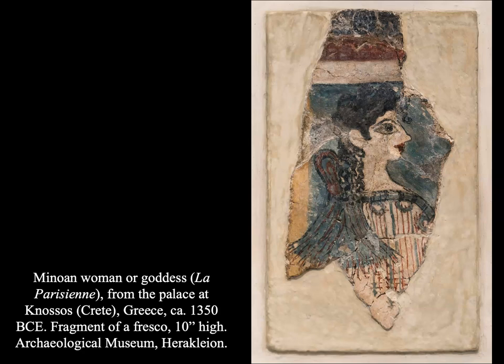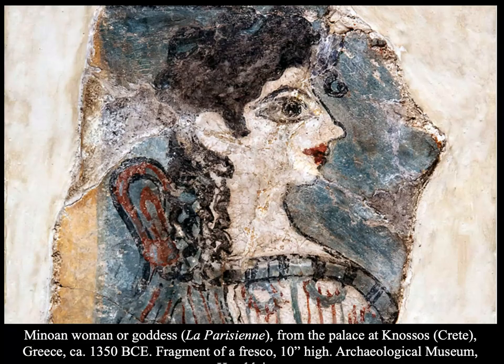Now her hair is black and curly, one curl down the front of her forehead that you can see, and the others cascading down the back of her neck. She has this white skin. Again, this is supposed to be a color convention that is similar to the bull leaping fresco, as well as Egyptian iconography. There was this narrative of having the males in darker skin as well.